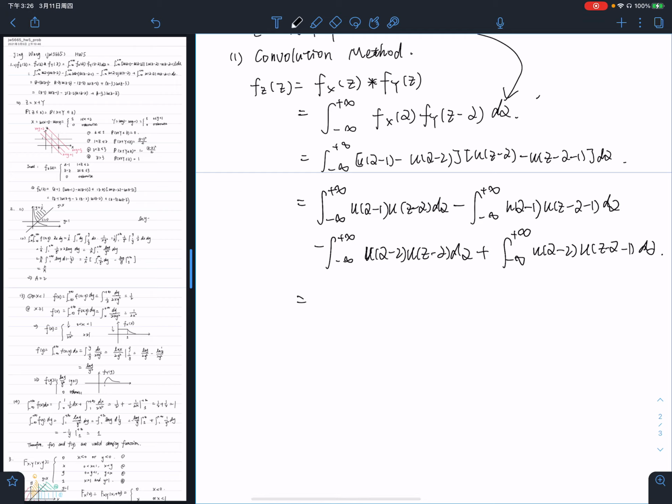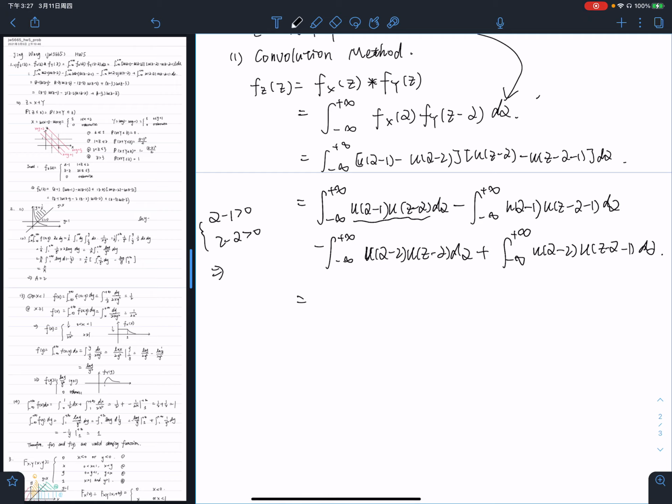The solution for the first part should be u(z minus 1). If this part is not 0, then alpha minus 1 should be greater than 0, and z minus alpha should be greater than 0.